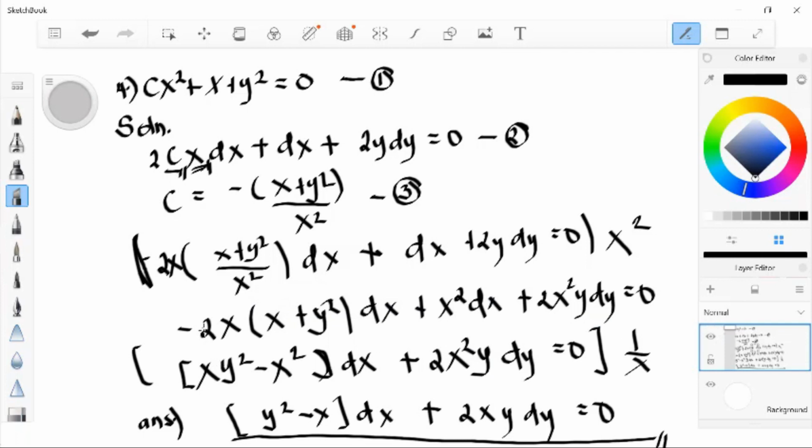But a correction for this one, I forgot to distribute the 2 for y at this part. Therefore, this will become 2xy squared, negative, and this also has negative 2y squared. Therefore, that is the final answer.